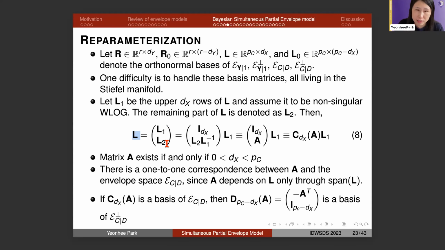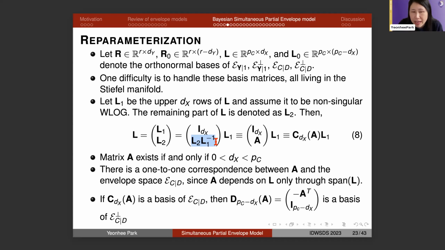And L2 is the remaining part of L. Then this is rewritten as a function of a matrix A, C of A, times L1, where A is L2 times L1 inverse. Since A depends on L only through the space spanned by the basis L, there is a one-to-one correspondence between A and the envelope space.